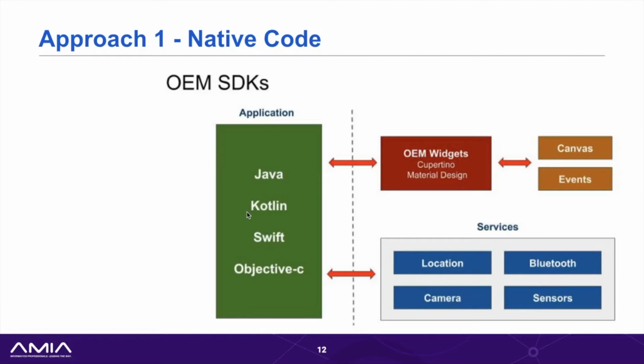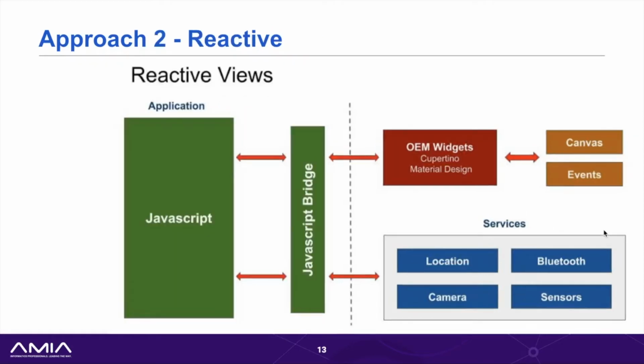And if you're working on iOS, you may still be programming in Objective-C, but probably you're going to be using the newer Swift. And the language itself is what directly accesses the widgets for draw events and how things are shown in front of you. The language itself is also how you access the various Bluetooth, camera, sensors and other services you need.